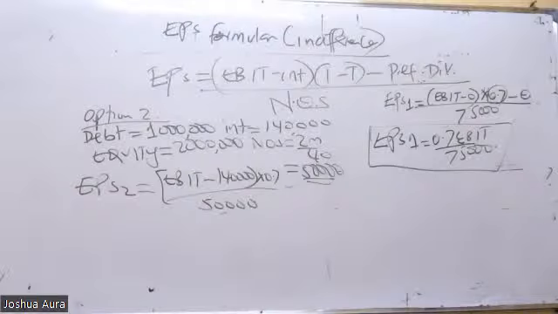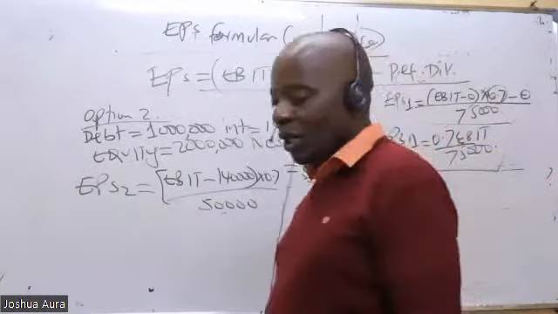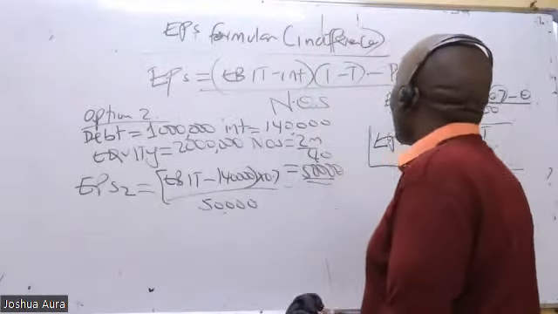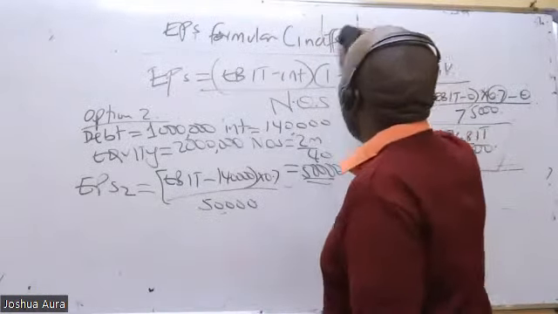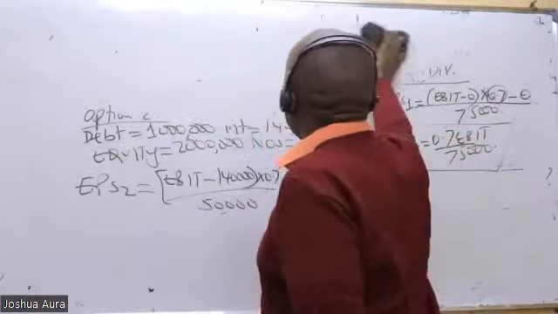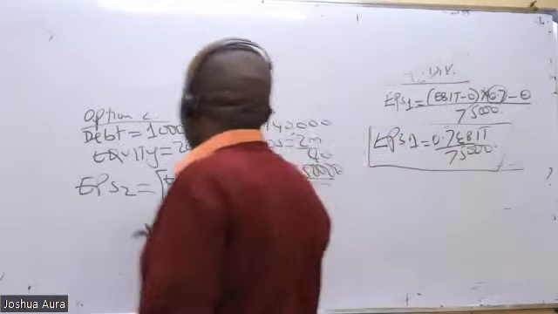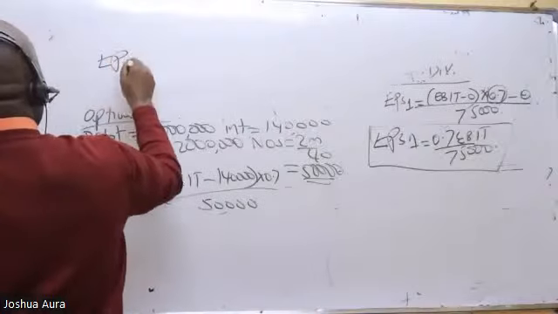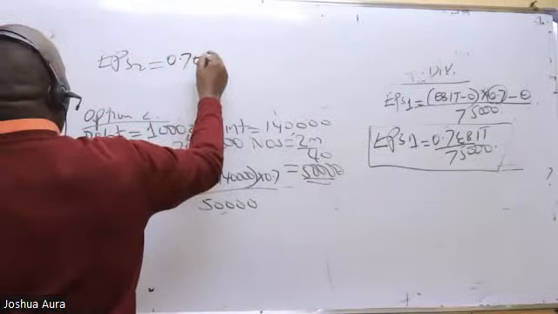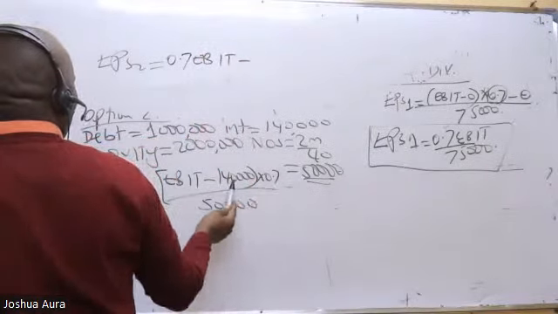Thank you so much. Go ahead and open brackets for us. When you open the brackets, EPS 2 will be equal to this, where 0.7 multiplies each term.